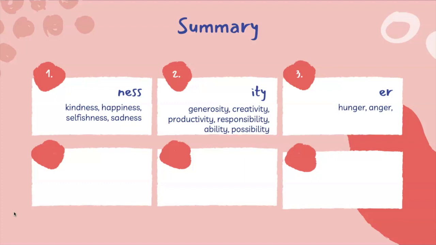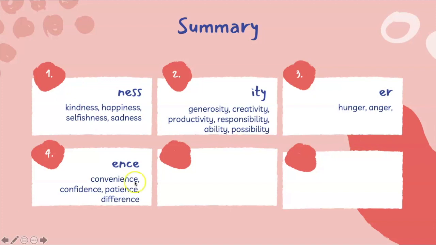And another noun suffix is ER, like hungry to hunger, angry to anger. We also have ENCE, like convenient to convenience, confident to confidence, patient to patience, different to difference.